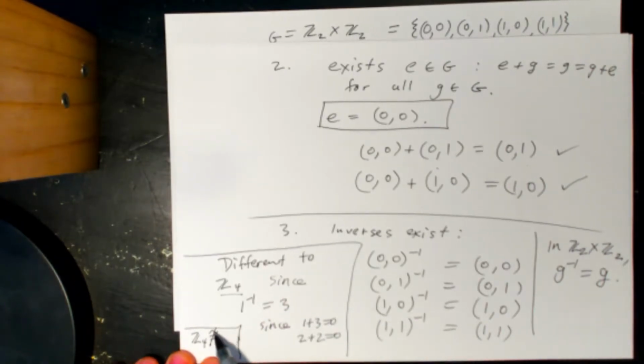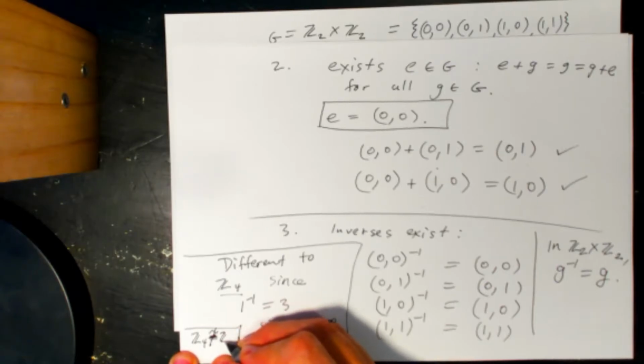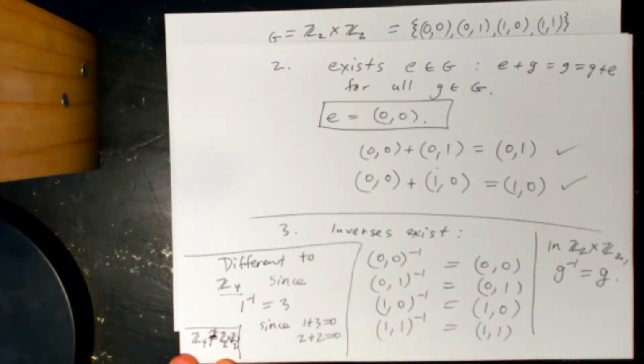I've put the symbol for isomorphism there, and it's often just with one horizontal line and a tilde above that. So I'll just change that. So not isomorphic to integers mod 2 cross integers mod 2. Okay, so these don't have the same algebraic structure, and we see that because this group, which is called the Klein four-group, has every element being its own inverse, whereas this one does not.